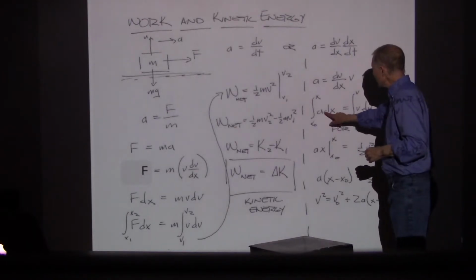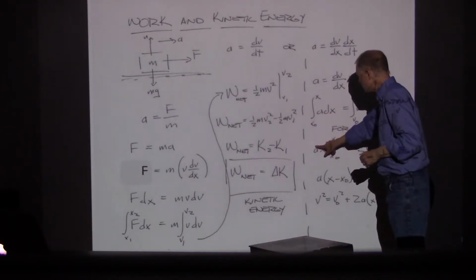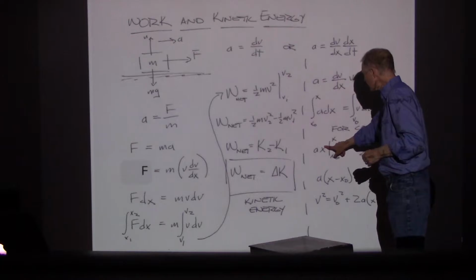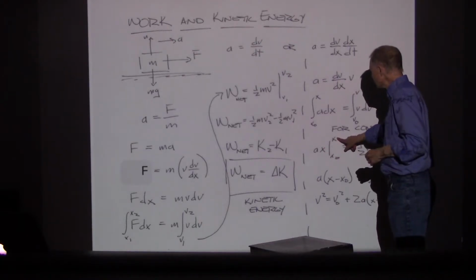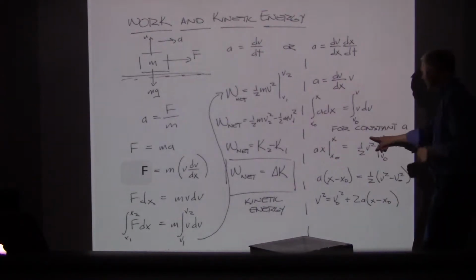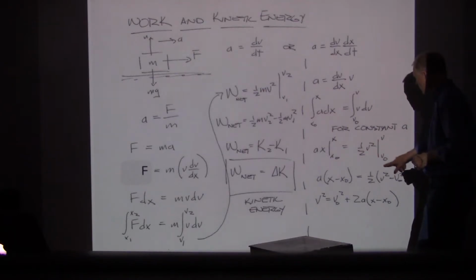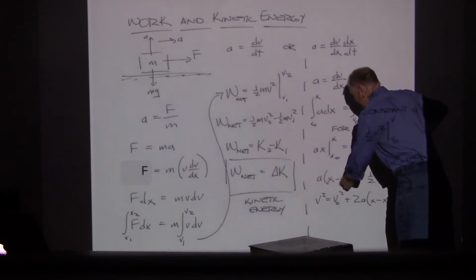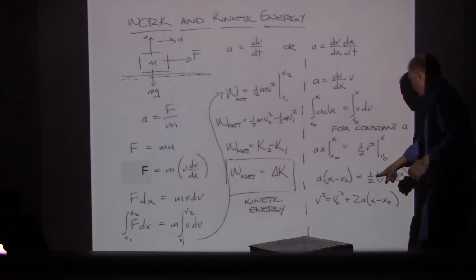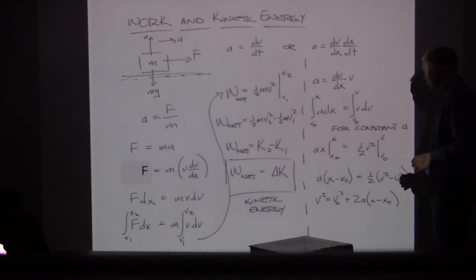If I do that, this side integrates out to be constant a times x, evaluated from x naught to x. The right side becomes 1/2 v squared, v naught to v. This becomes a times (x minus x naught) is 1/2 (v squared minus v naught squared).